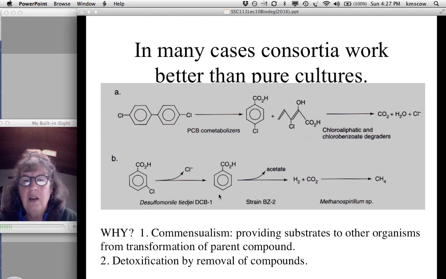And also you can have detoxification. This strain BZ2 removes this metabolite that prevents this desulfonyl compound from being able to go further. So you can have somebody detoxifying the environment that'll keep the first organism in line to continue producing the product that the second one needs.